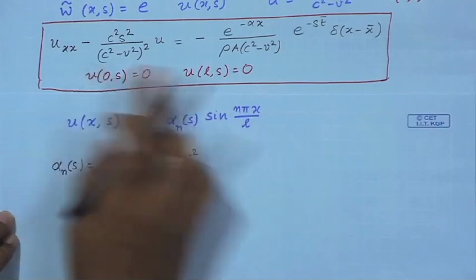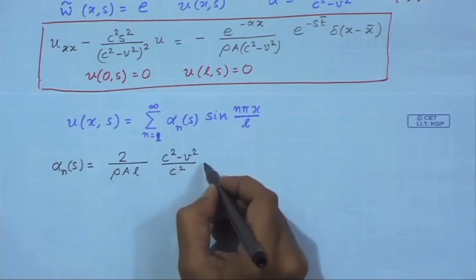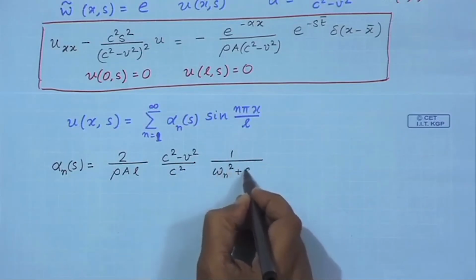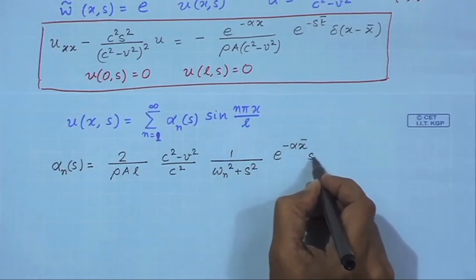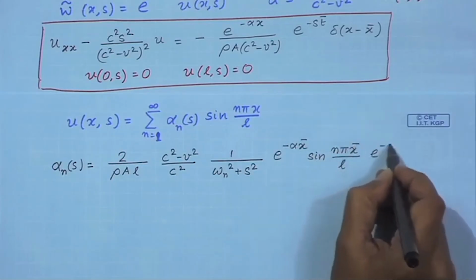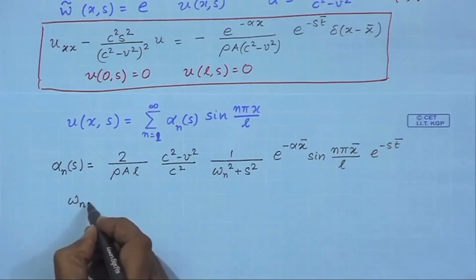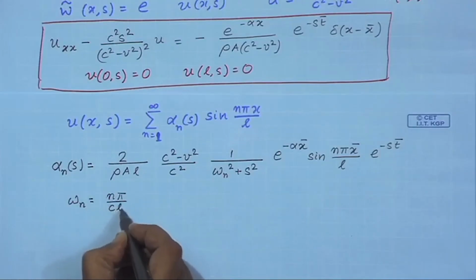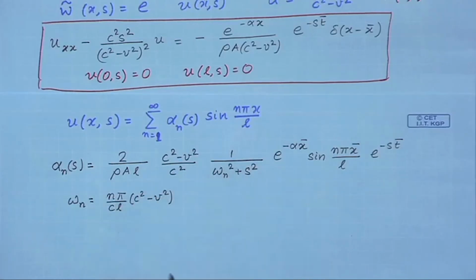So, if you substitute and then take the inner product with these eigen functions and finally solve for alpha n, here omega n are the natural frequencies of the travelling string.